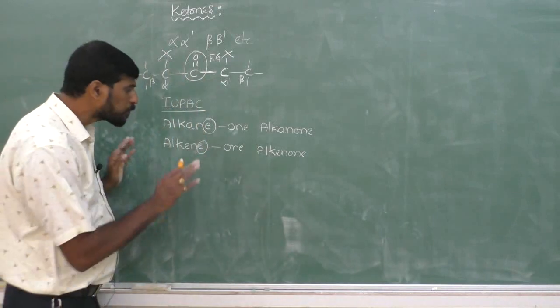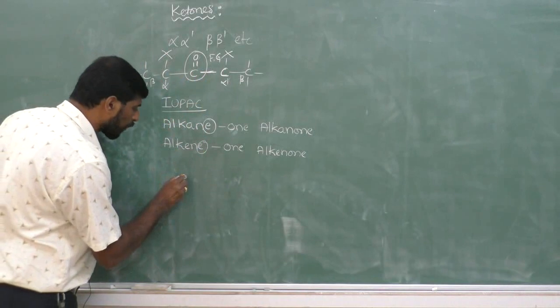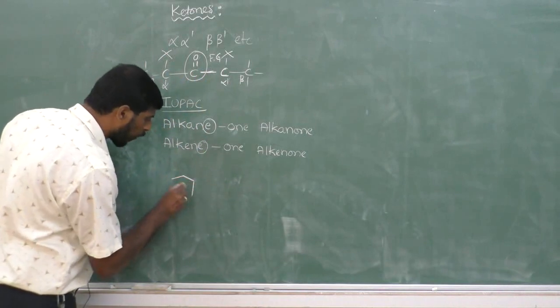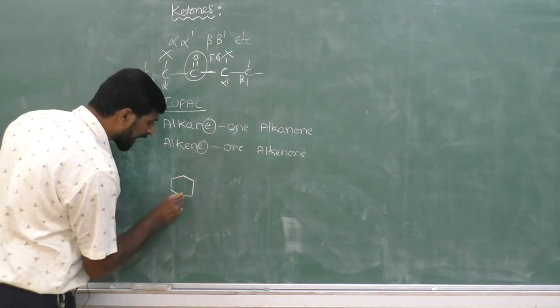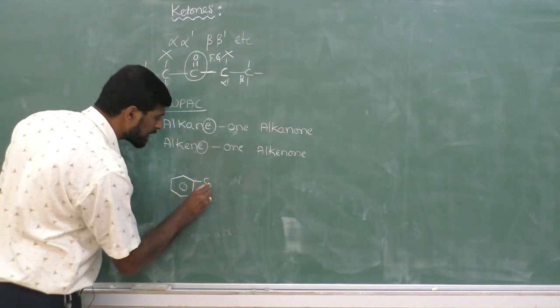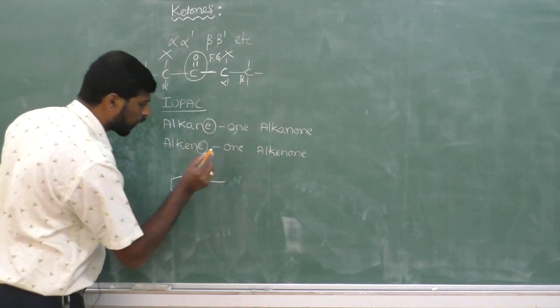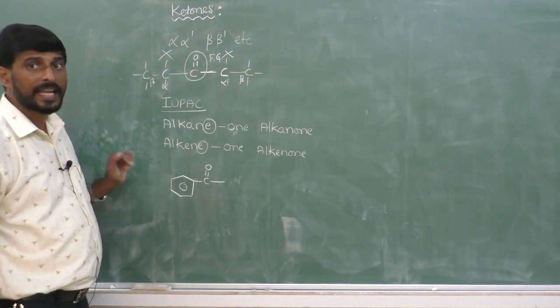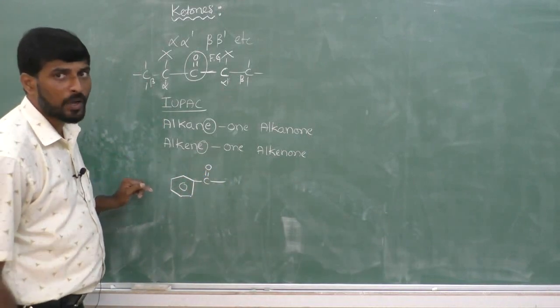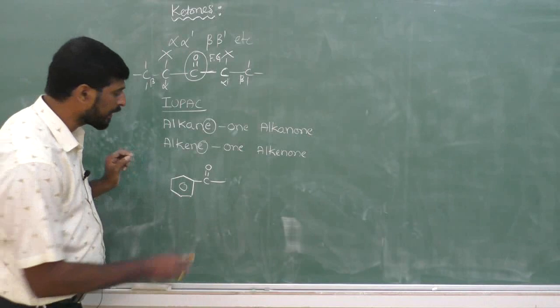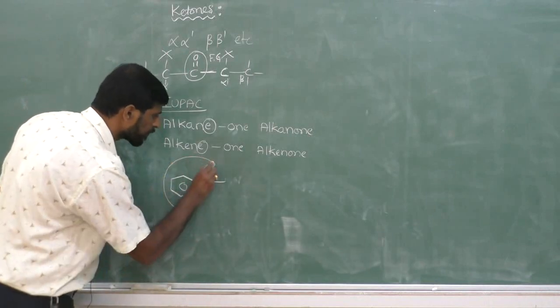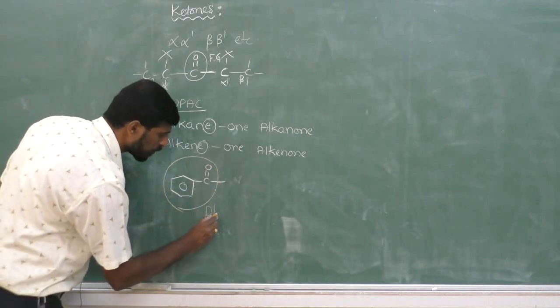Next, if you observe the aromatic ketone, this is the carbonyl group, and it is directly attached to the benzene ring, we will use a common name, that is phenones.